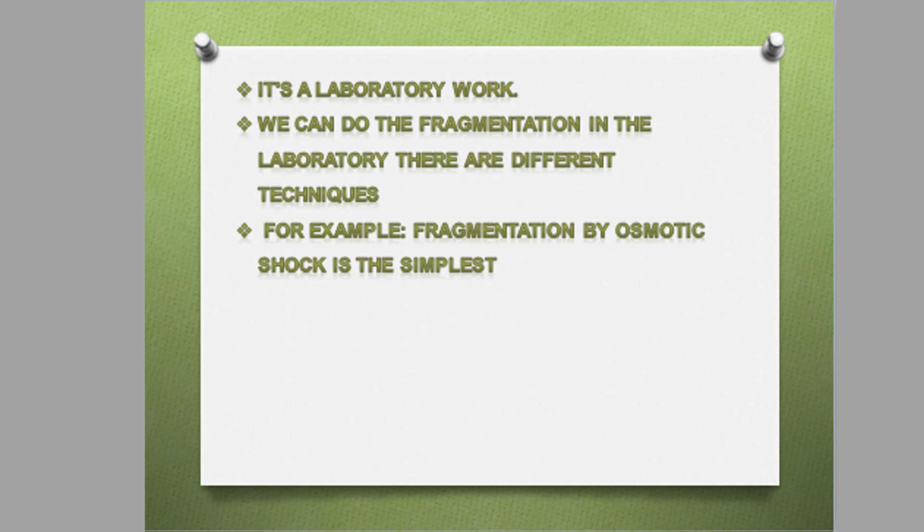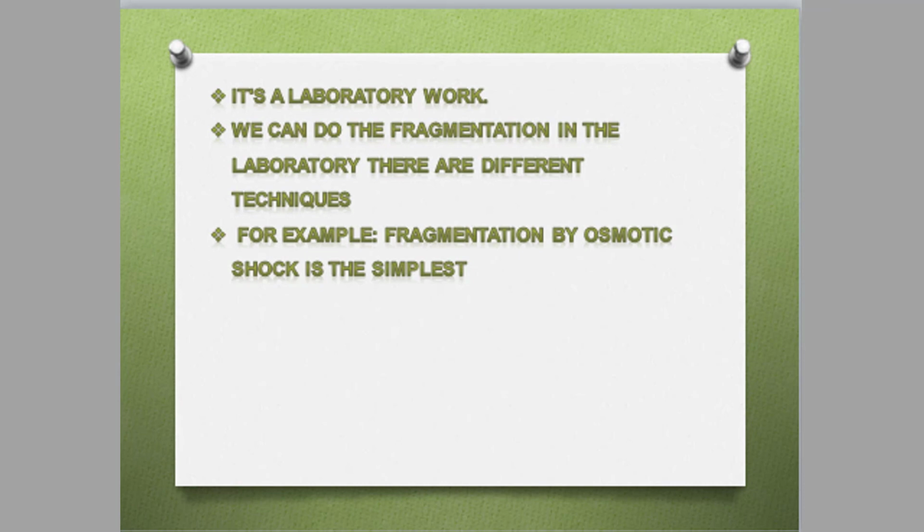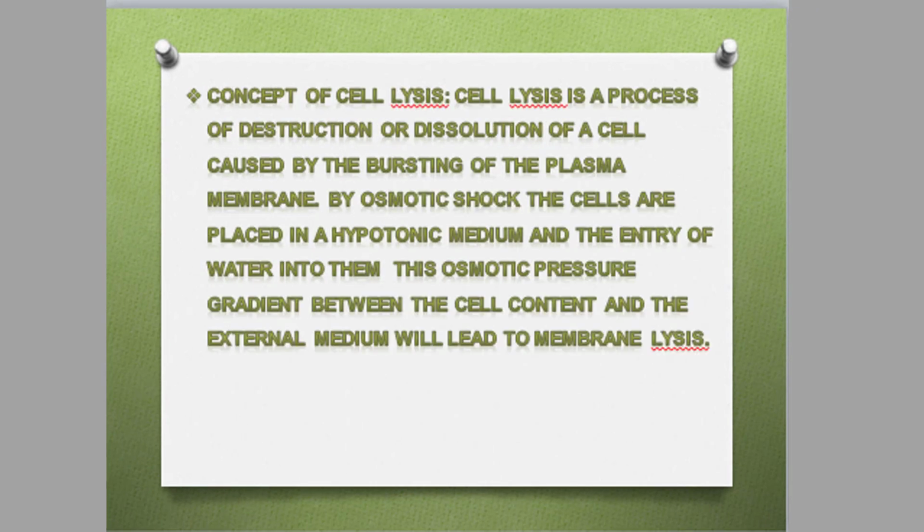We can do the fragmentation in the laboratory. There are different techniques. For example, fragmentation by osmotic shock is the simplest. Concept of cell lysis: the process of destruction or dissolution of a cell caused by the bursting of the plasma membrane by osmotic shock.